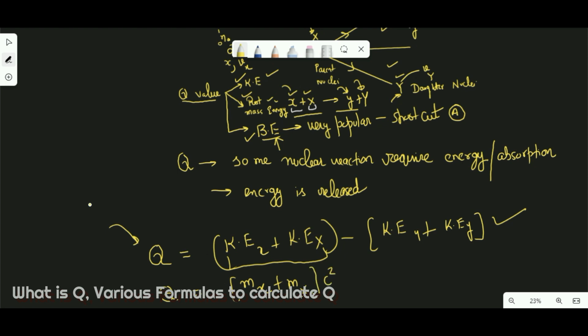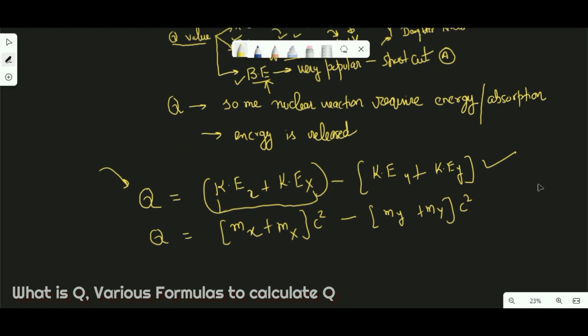We studied 931 million electron volts rest mass energy, and then of course the mass of capital Y times c square. There is no hard and fast rule; you can reverse the equations. What is more important is that you understand whether the Q is positive or negative, and can explain what a positive Q means and what a negative Q means.